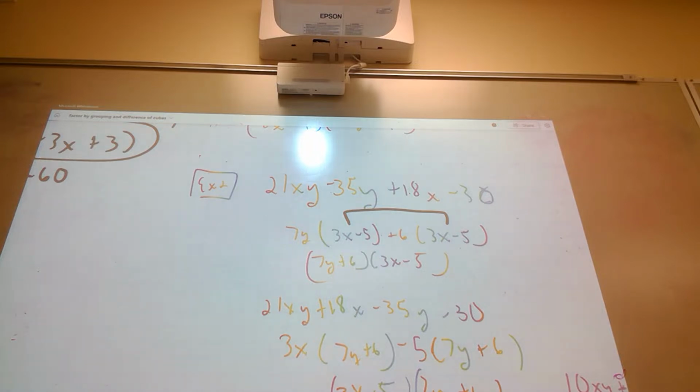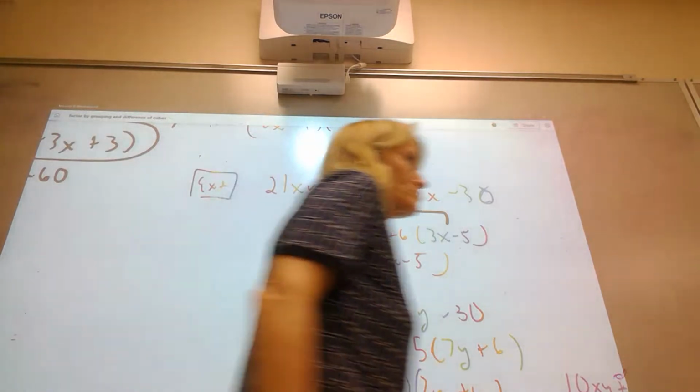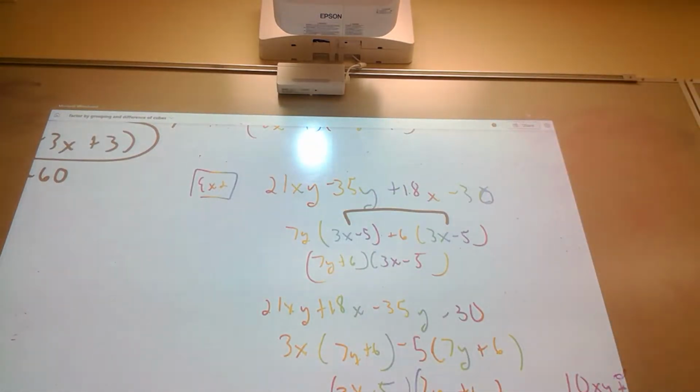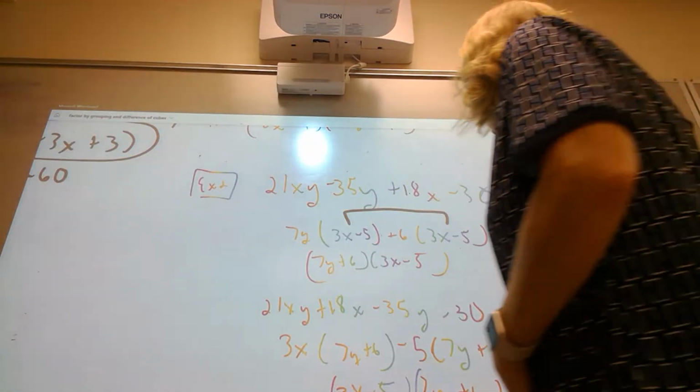Pull that out. And then whatever you have left, you should be expecting you're going to see that in the other two terms. Minus 4x squared plus 12.